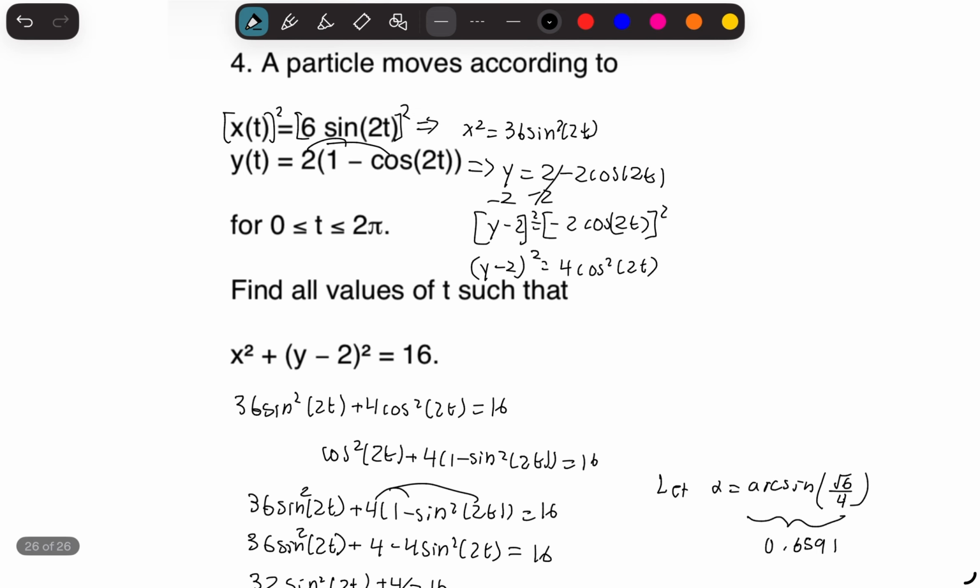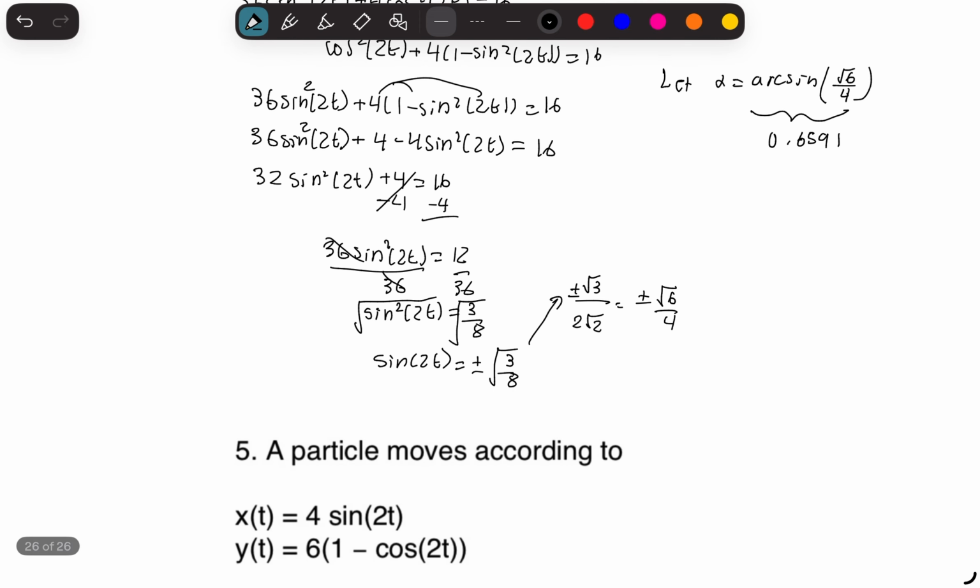So because we have 2t, we have 0.4 pi instead of 2 pi.